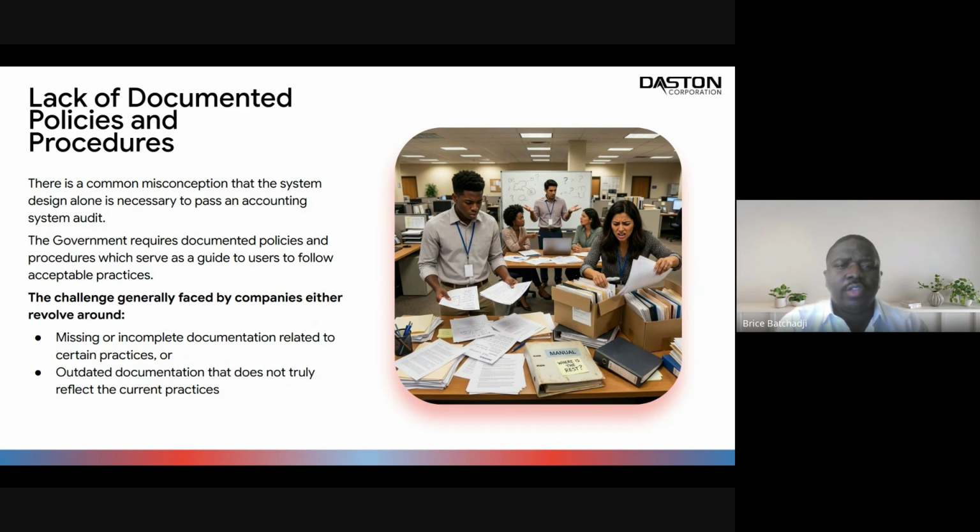Whether there were changes to our processes, I'll take an example, the accounting function changed, like the reporting hierarchy changed, and those policies need to be updated to show the different users involved throughout the process. So at times when DCAA comes in for an audit, what they see in the system or on the required documentation is very different from what they see in the policies or the walkthroughs.